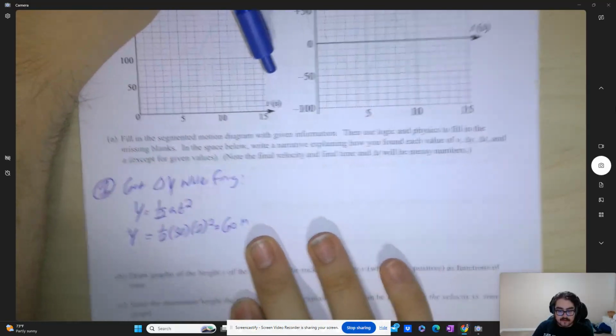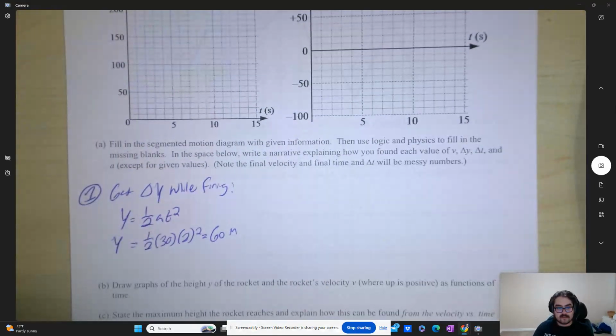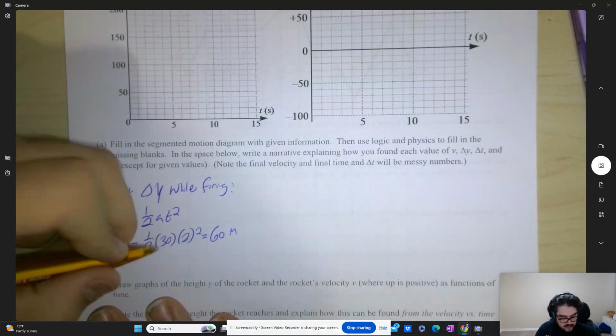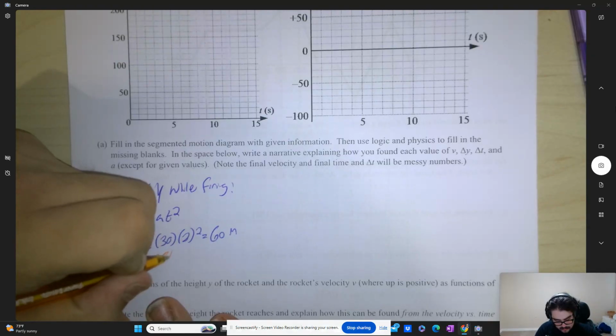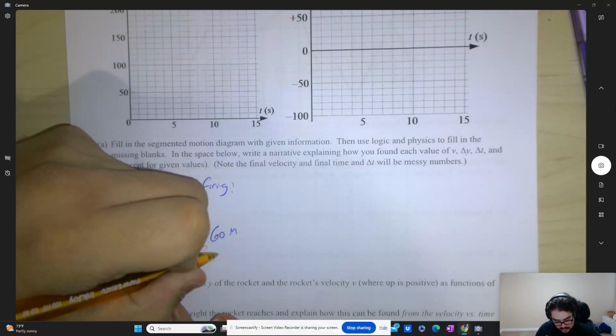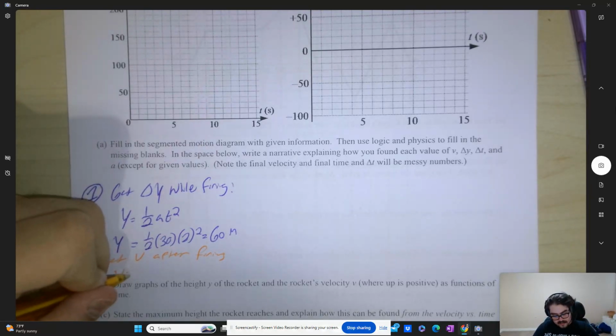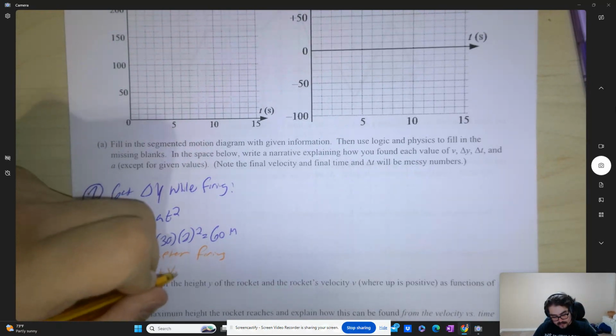Now, the next part that we can solve for is step 2, get the velocity after firing. So how fast is the rocket going when the engines turn off? Well, we can figure that out. V equals AT plus V naught.